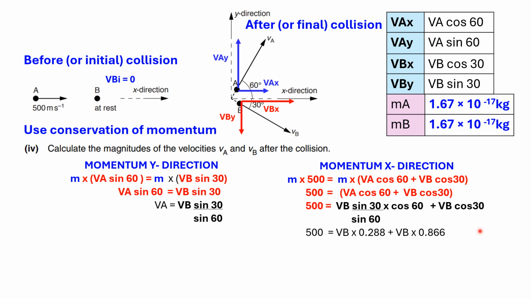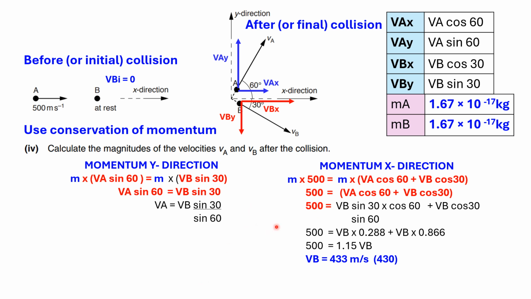Now everything here is in terms of VB. 500 is equal to 1.15 VB, and voila, VB is equal to 433 meters per second, or just 430 if you prefer to write with two significant figures.